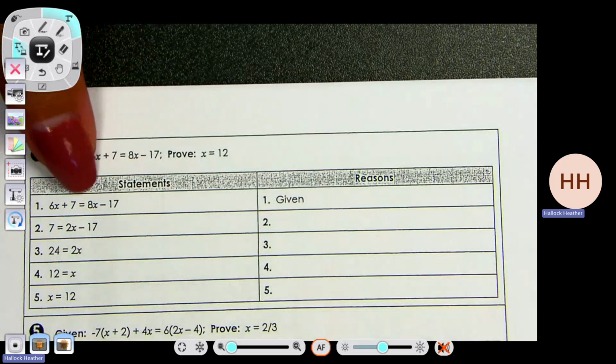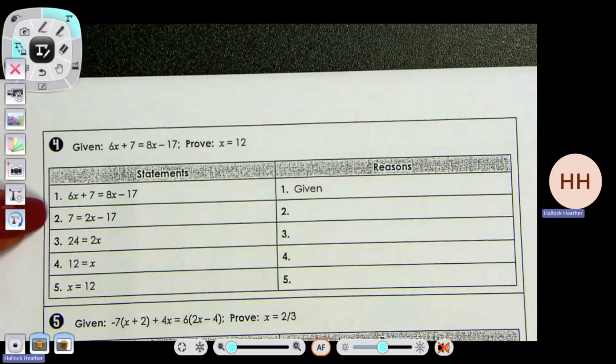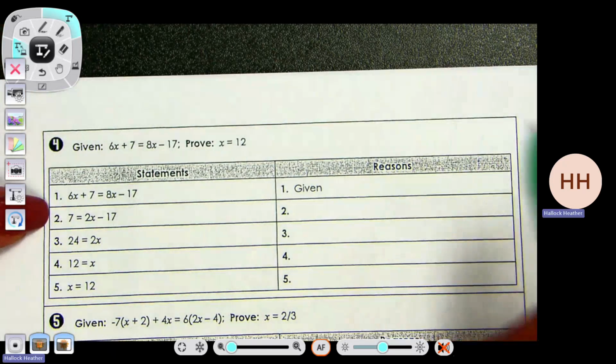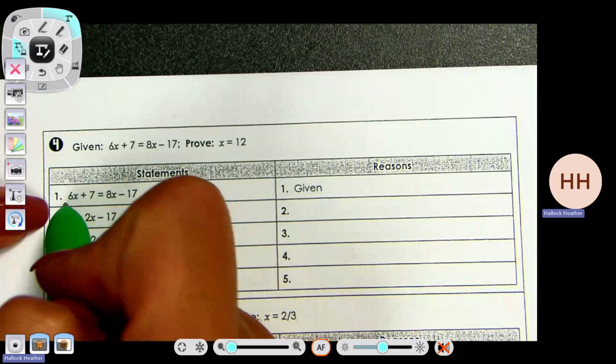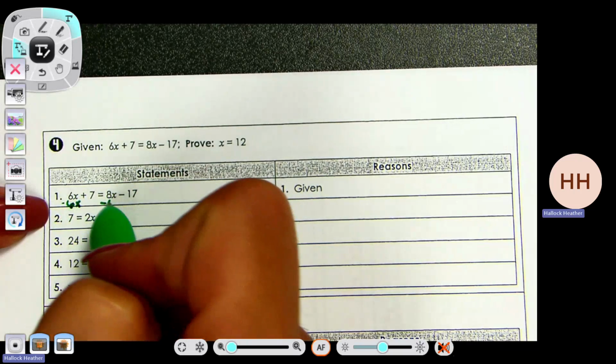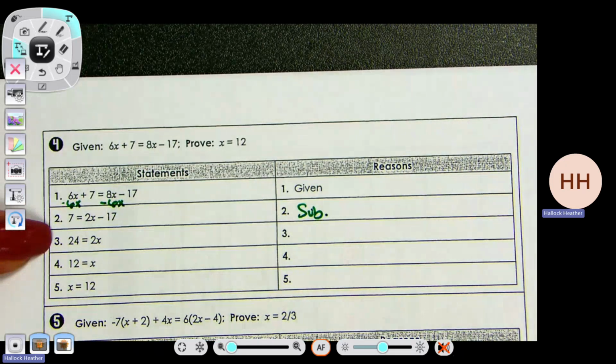Okay, so for number 4, the first thing is given. What do they do from step 1 to step 2? I can't say subtraction and addition. Just subtraction because they minus 6 and they minus 6. So that's subtraction. From 2 to 3, what do they do?